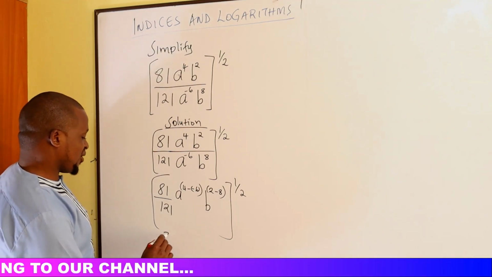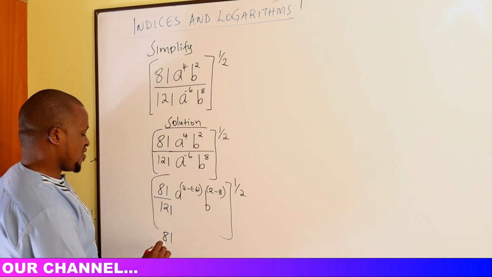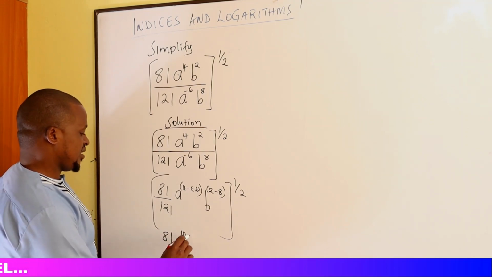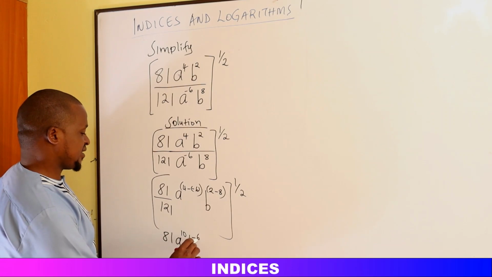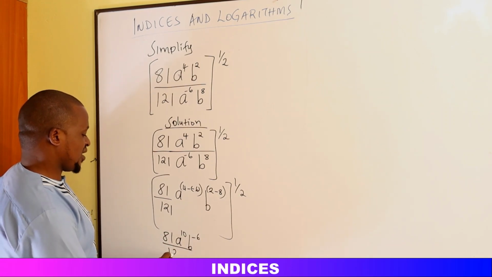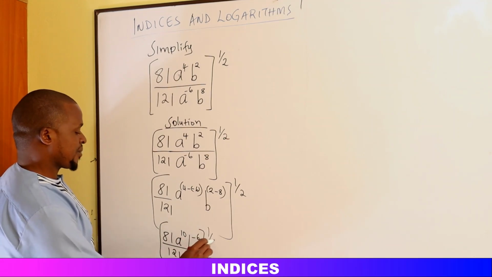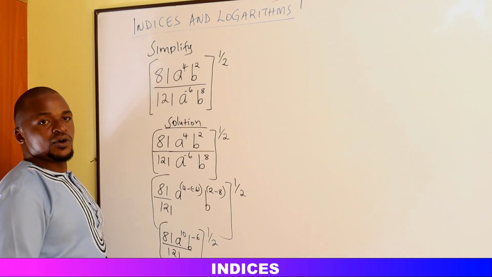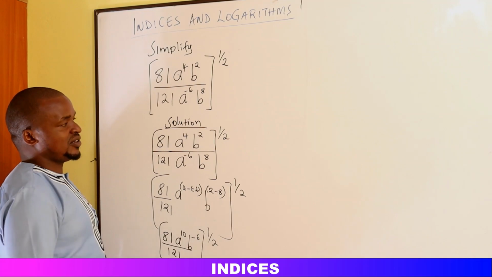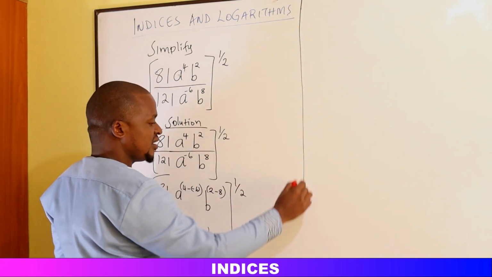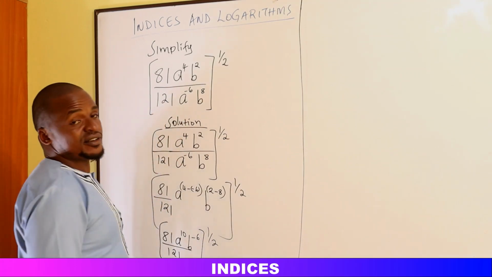So you're going to have 81 a to the power 10 b to the power negative 6 over 121, all this raised to the power half. When we have a number raised to the power half, we simply mean you find its square root.